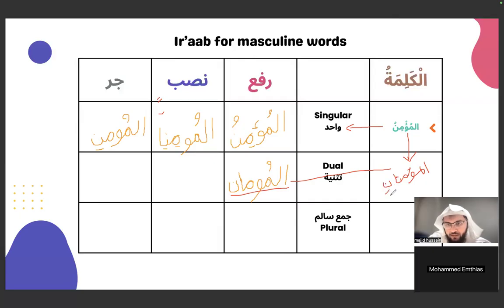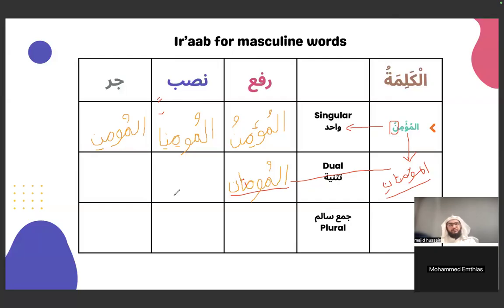Al-mu'minani means two believers. So here you missed a noon.